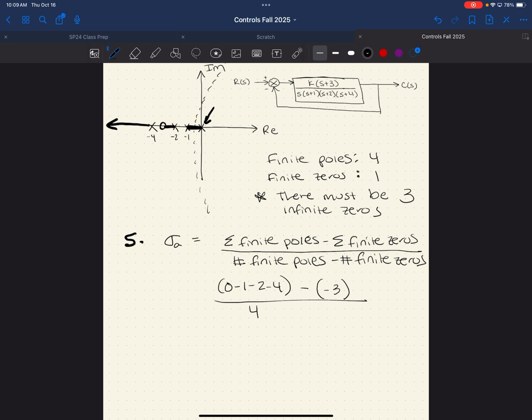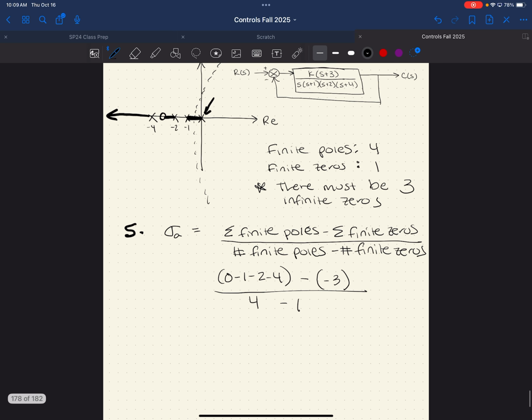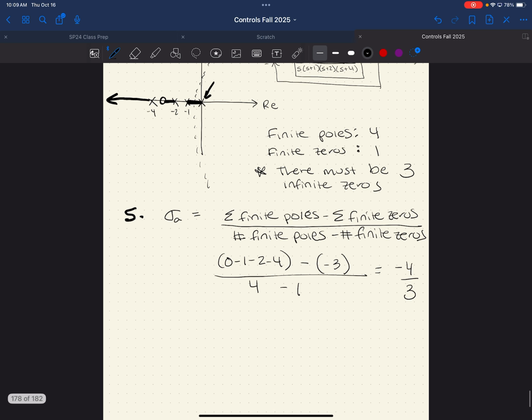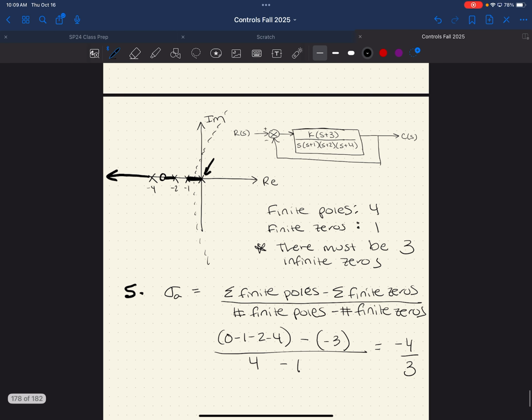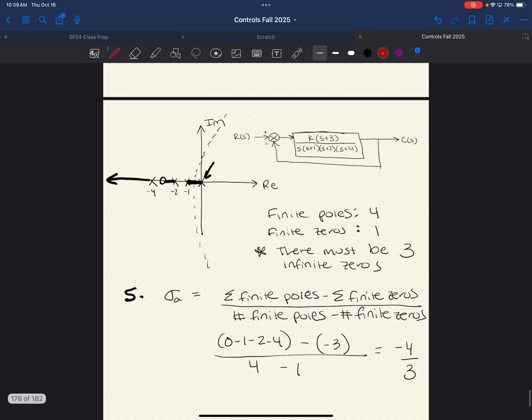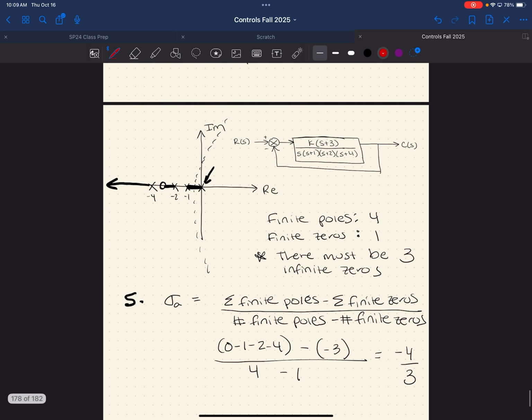How many finite zeros did I have? 1. This should equal -4/3. So the real axis intercept for our asymptotes happens at -1 1/3, somewhere about right here. That's the real axis intercept of our asymptotes.